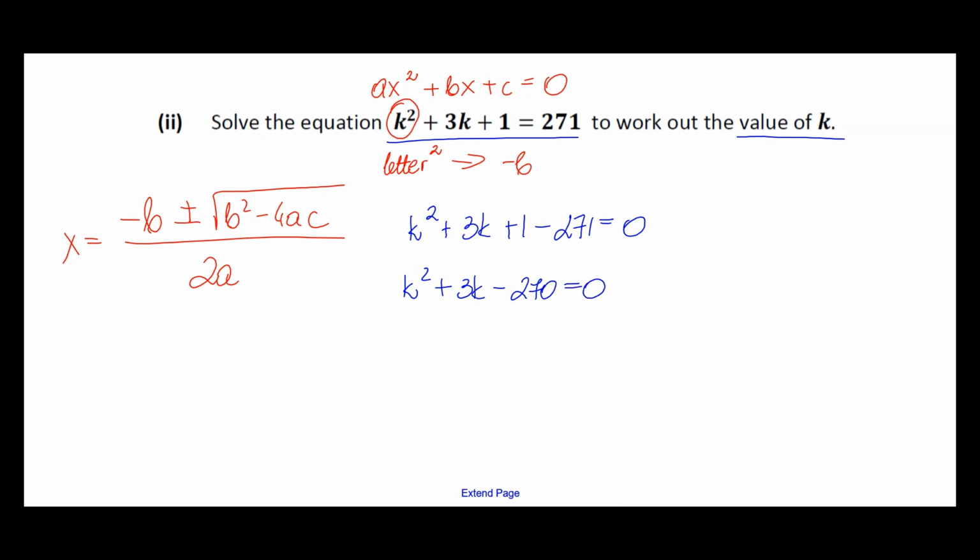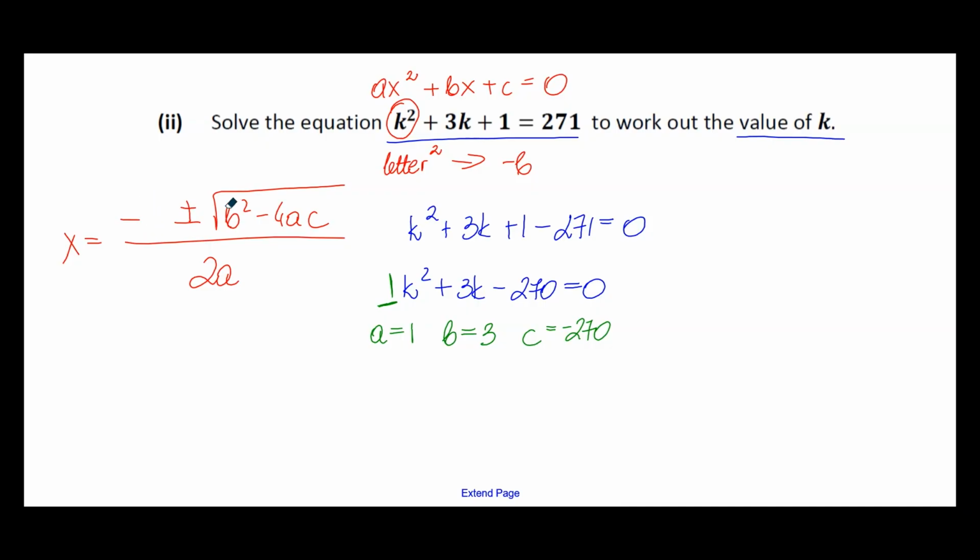So again, A is a value that stands beside your letter to the power of 2, in this case, what? 1. B is a number that stands beside x with no power, in our case is k with no power, so that's 3. And C, number without x, so minus 270. And all we do, we replace those numbers in our formula.